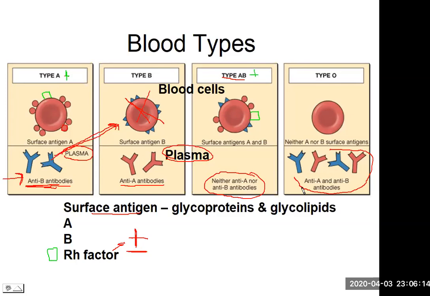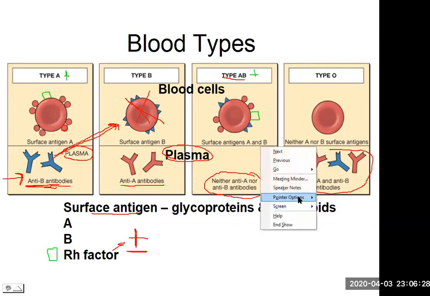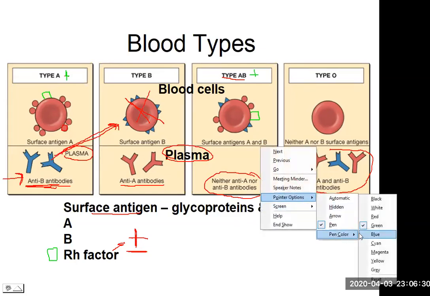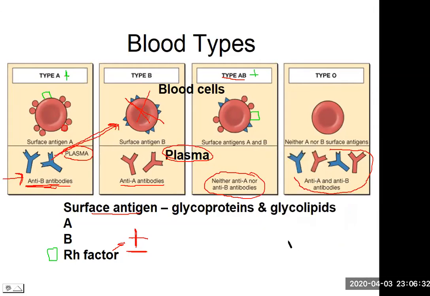The positive or negative is also involved in proper blood transplantation. A simple way to learn the donation and recipient interactions and what's safe, we have a simple diagram we could draw here. We have the type O blood, and we'll draw an arrow coming across to AB.